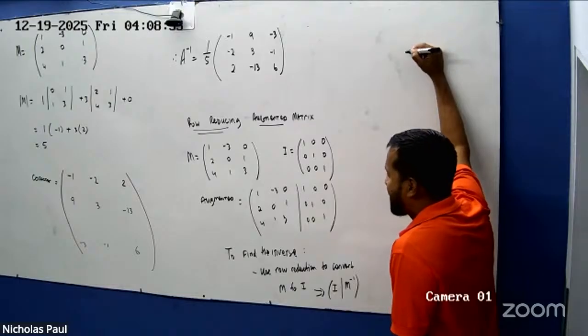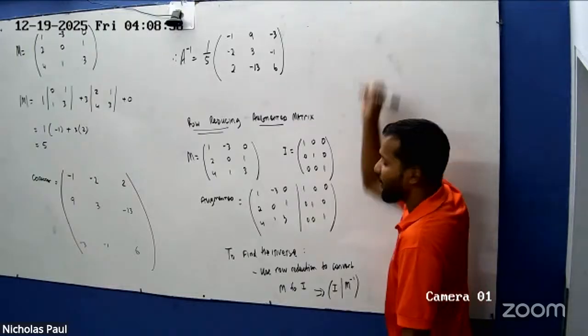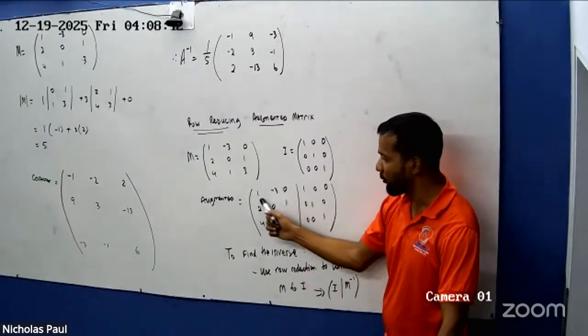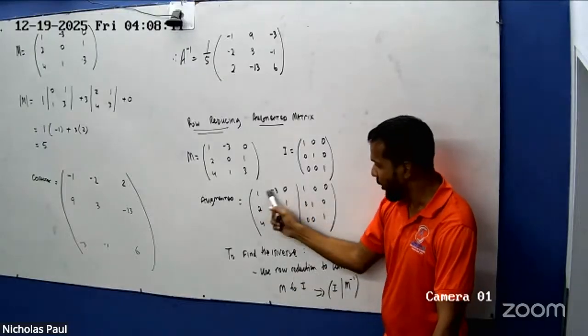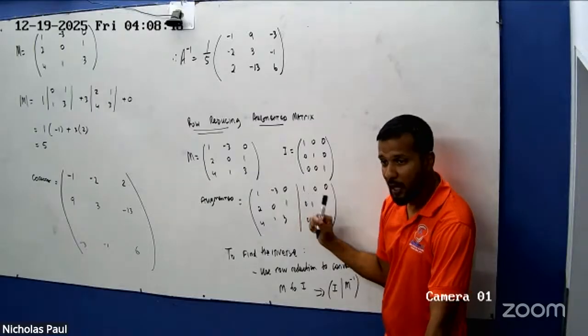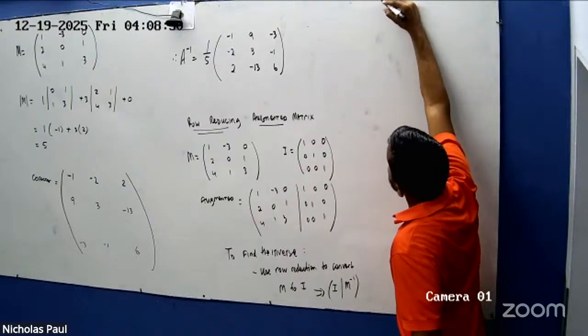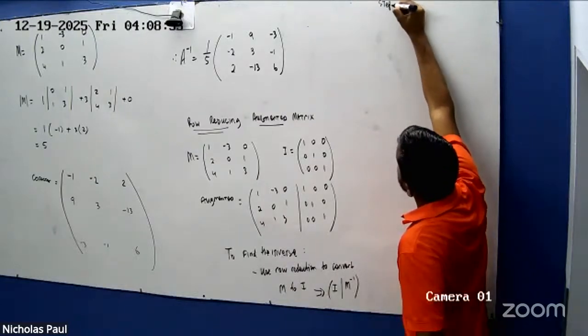I will finish. Here's what I'm going to try and do. The first thing, I already have a 1 here, so I'm good to go. This one and this one are already the same. I'm going to try to get zeros here and here. I'll show you via steps.